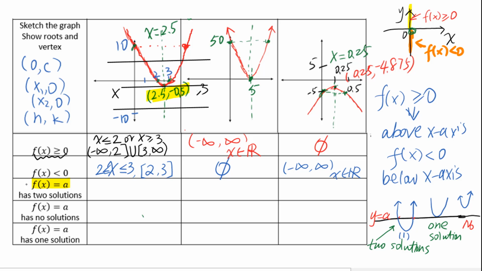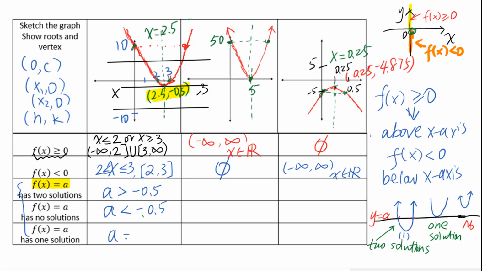Therefore, when you solve for two solutions, one solution, and no solution, you will focus on the vertex or minimum value. When a is greater than negative 0.5, there are two solutions. When a is less than negative 0.5, there are no solutions.